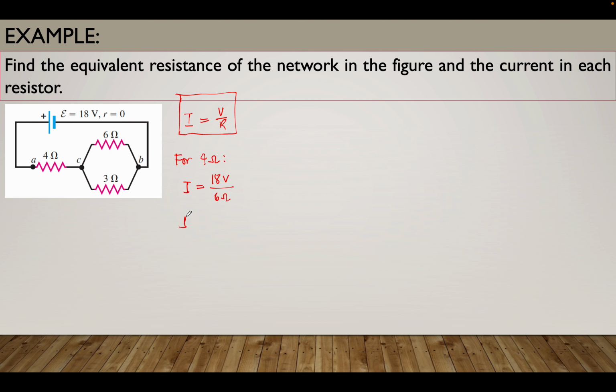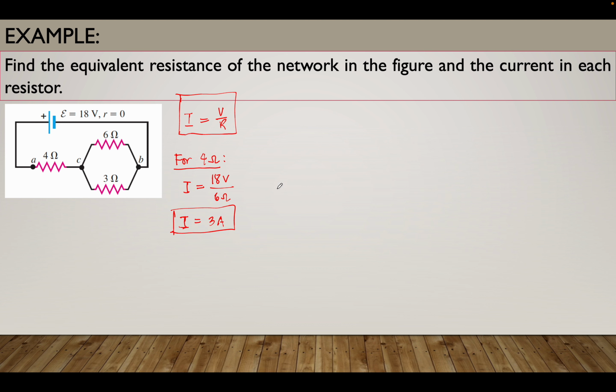So, the current for 4 ohms is, we have 18 divided by 6 is equal to 3, and then the unit is in terms of amperes, or capital letter A. So, this is the current passing through the 4 ohm resistor.